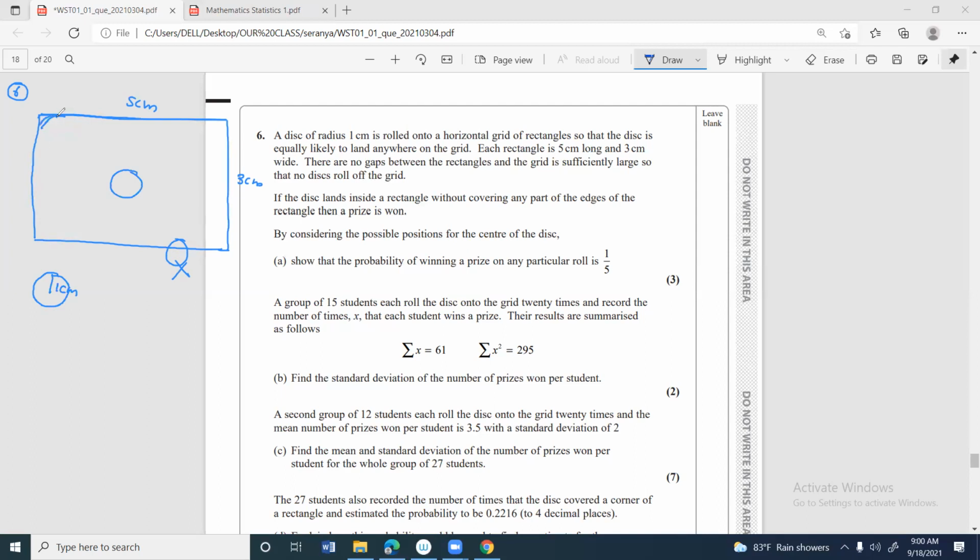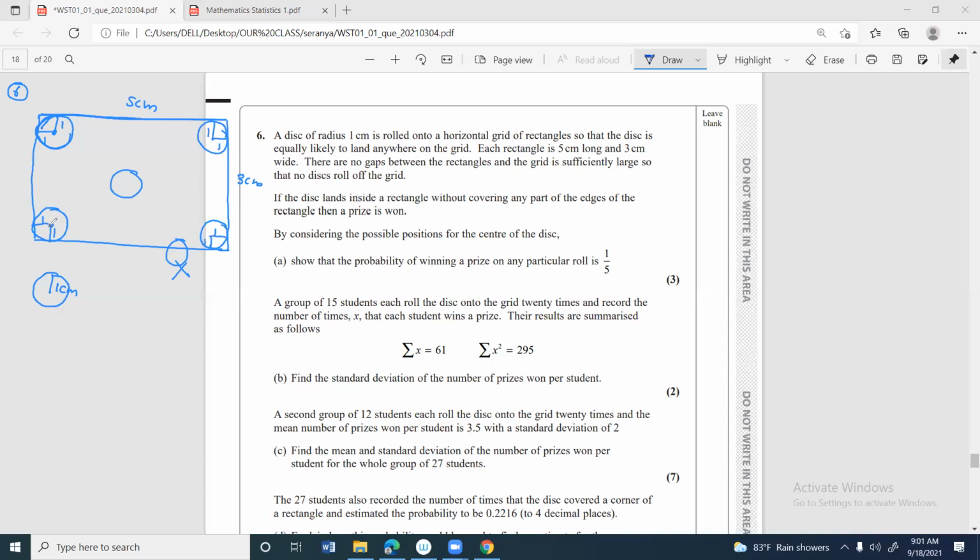So you can see, if it is placed in the corner like this, you cannot win. The maximum you can go is like this: 1 over here, here 1 and 1, here also 1 and 1, this corner also 1 and 1, and this corner also 1 and 1.